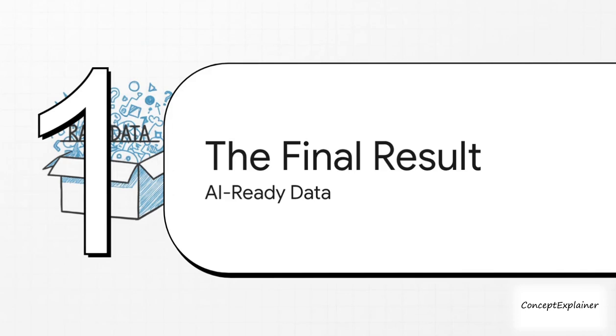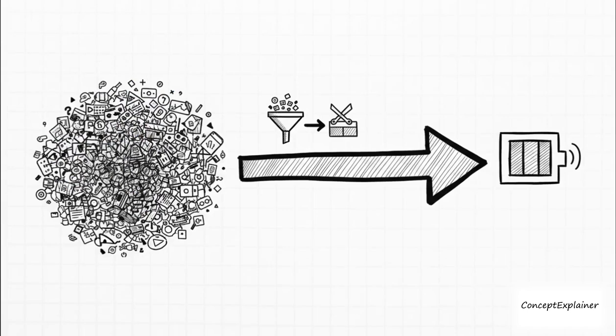So after all that work, all the collecting, the cleaning, the splitting, what did we actually end up with? What's the result of all this effort? What we've done is a complete transformation. We took a chaotic mess of raw info and turned it into a structured, clean, and perfectly divided dataset. This is the high-octane fuel that every single machine learning model needs to run.